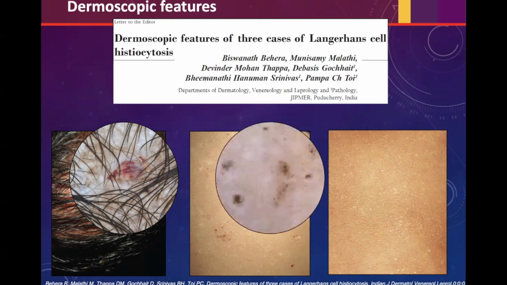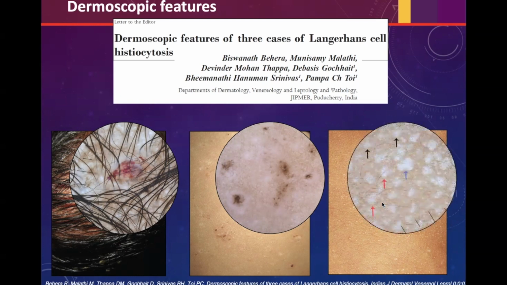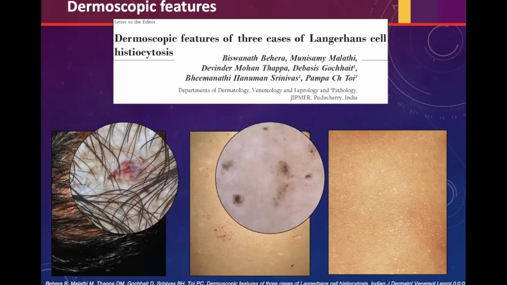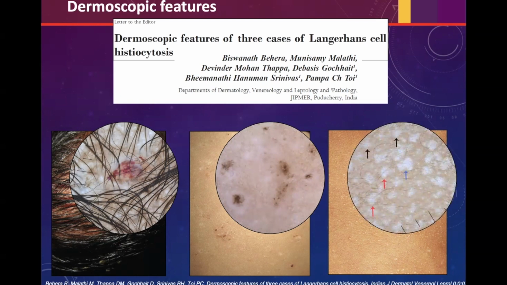And in the dermoscope examination of the umbilicated papule showing a central brown dot structureless area surrounded by a white structureless area. At the end, in the third picture, we can see hypopigmented papules showing diffuse white structureless area.